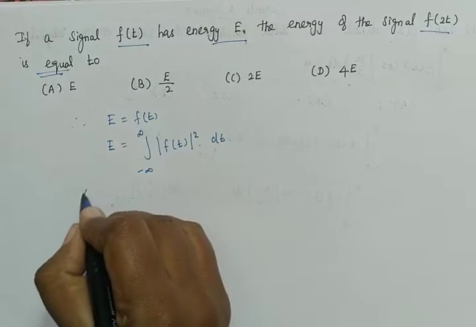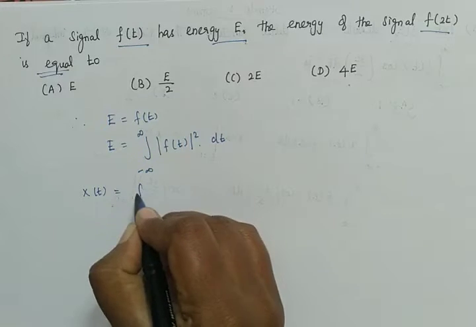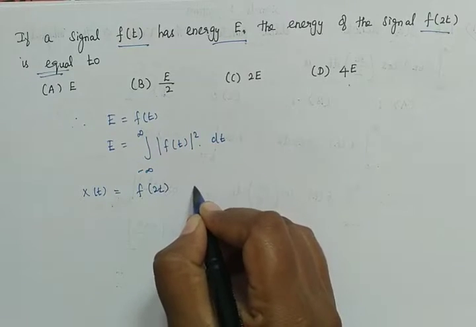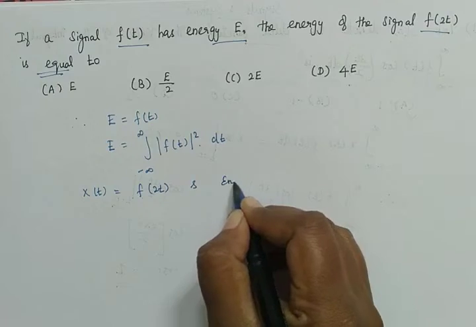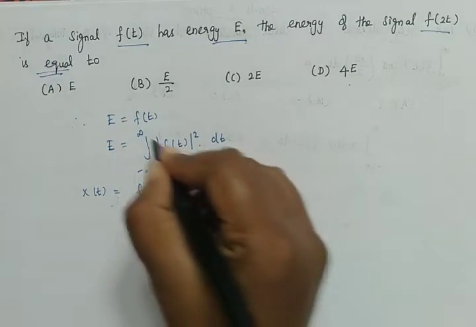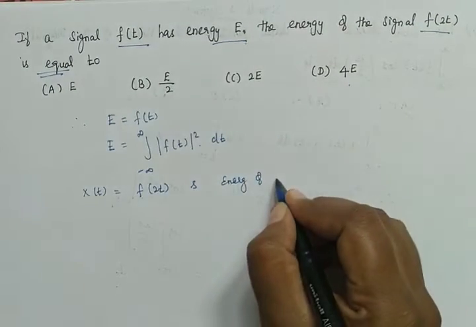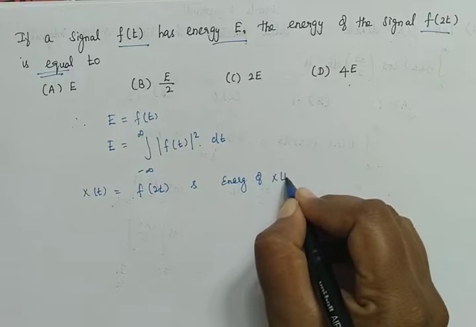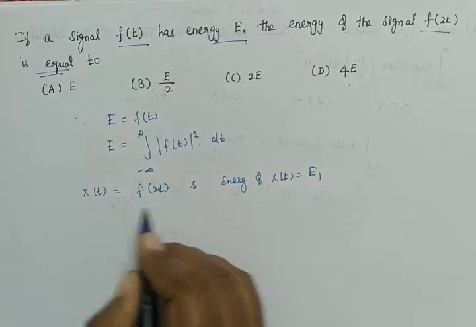Now let us take x(t) equal to f(2t), and the energy of the signal x(t) be E1.